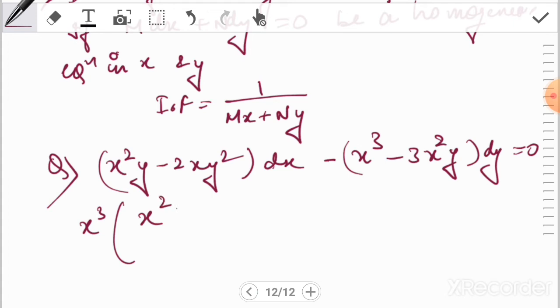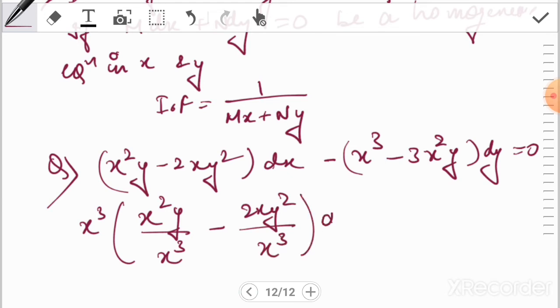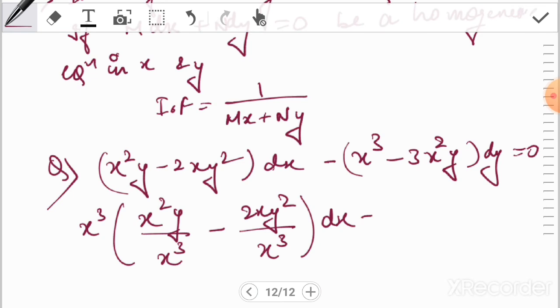So (x square y by x cube minus 2xy square by x cube) dx minus (x cube by x cube, that is 1, minus 3x square y by x cube) dy.